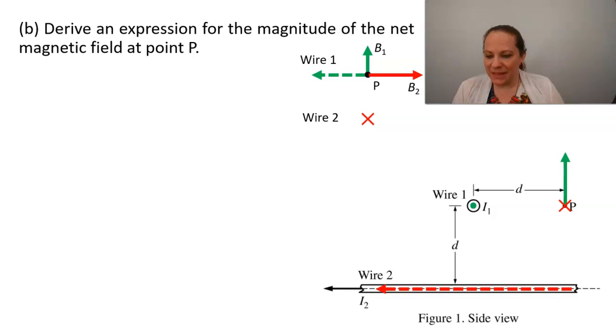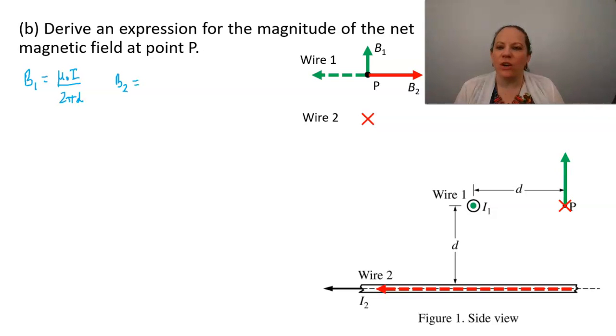So let me grab my pen tool. Our magnetic field for wire 1 we just saw was mu naught I over 2 pi d. And twice the current is going to be flowing in wire 2, so it's going to have twice the magnetic field strength.